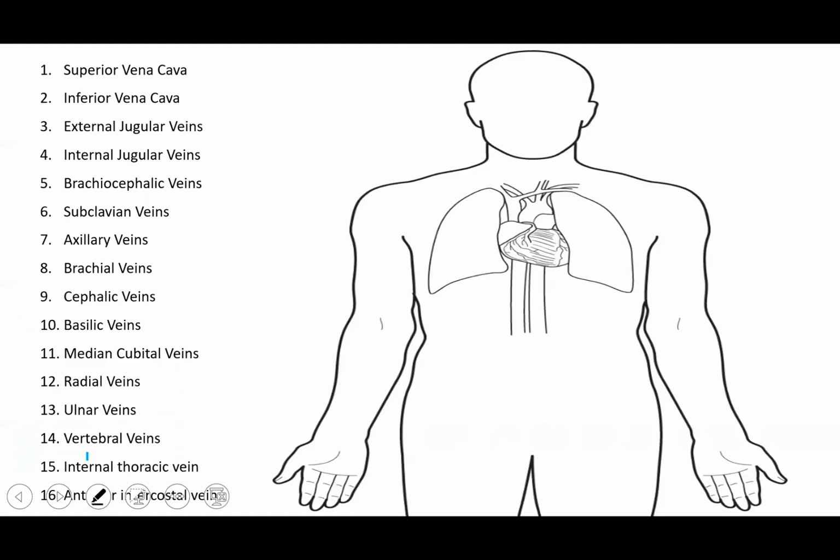One of them is the IVC, number 2, inferior vena cava. We'll pick up with that in just a moment. And we also have the superior vena cava. Both of these are going to be draining blood back into the right atrium of the heart.